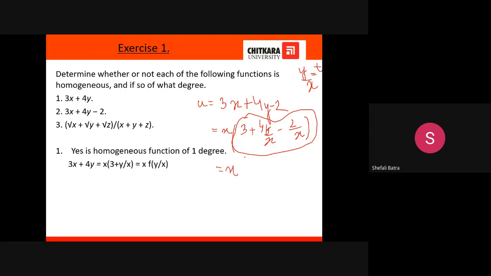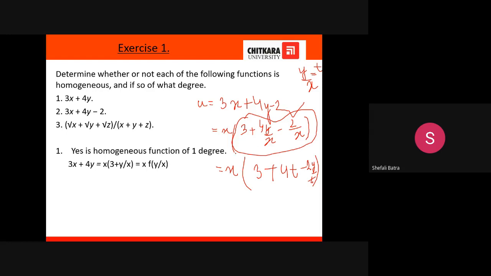It is x times 3 plus 4t minus 2 upon t. Right? So this is not a function of t. It means this is not a function of y by x.